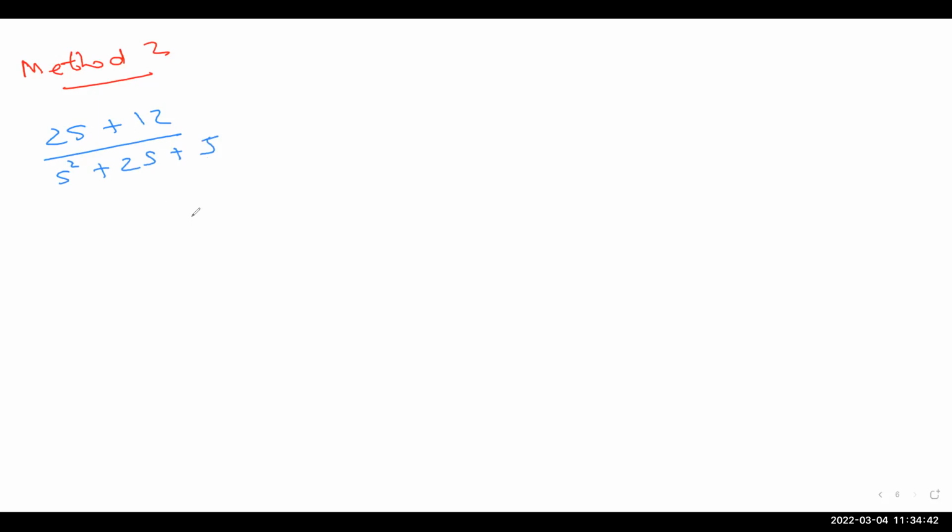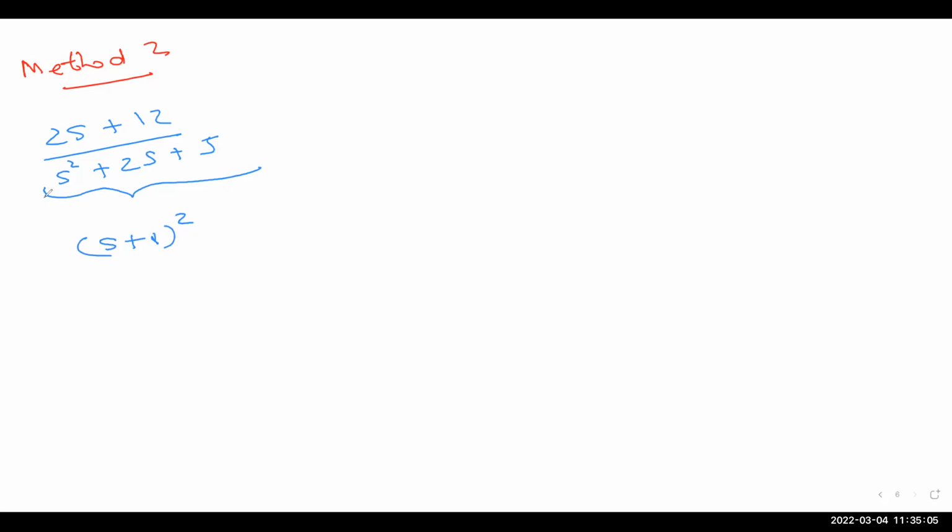So what we can do is, we know this part. We can write this part as (s plus 1) squared. If you write s plus 1 squared, you will get s squared plus 2s plus 1.